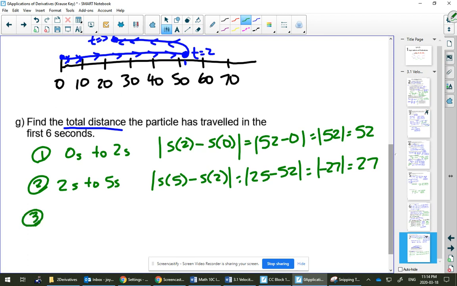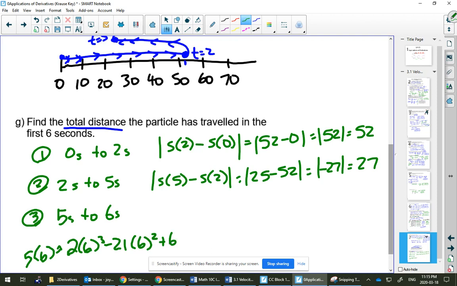And the amount moved between 5 seconds and 6 seconds. So off to the side, you're going to figure out what the position is at 6 seconds. If we were asking for displacement at 6 seconds, the answer would be 36 meters.